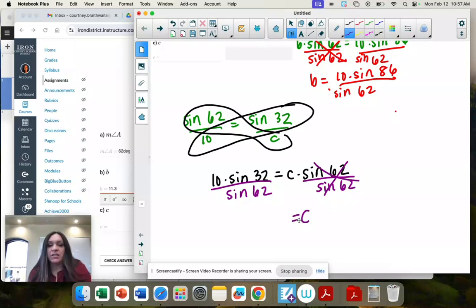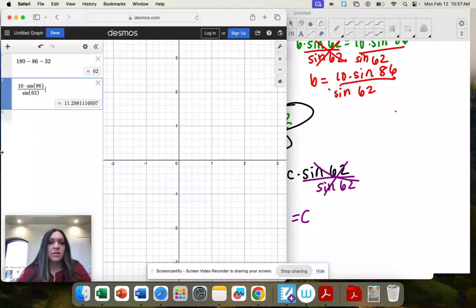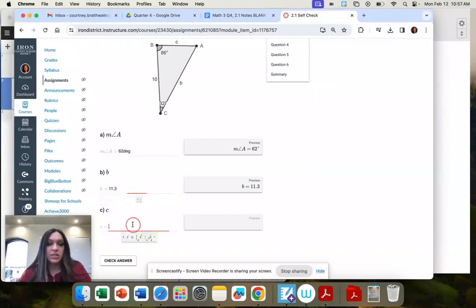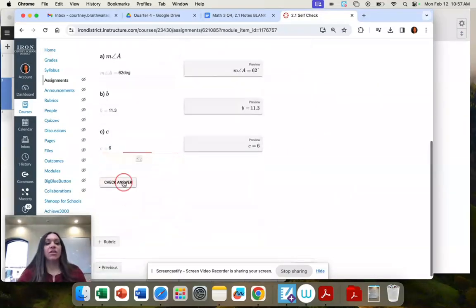So now C is by itself, and it equals 10 times sine of 32 divided by sine of 62. So 10 times sine of 32 over sine of 62 is 6.0. So just 6 would be rounded to the nearest tenth.